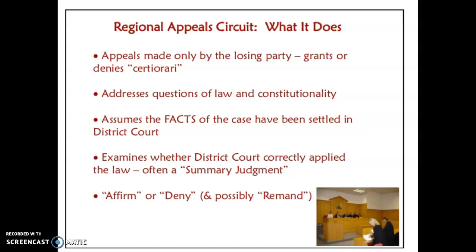So they can address questions of law and constitutionality, assume the facts of the case have been settled in the lower court, and examine whether the district court correctly applied the law, often as a summary judgment. So they can affirm or deny and possibly remand. So when they remand the decision, they send it back to the lower court to review.